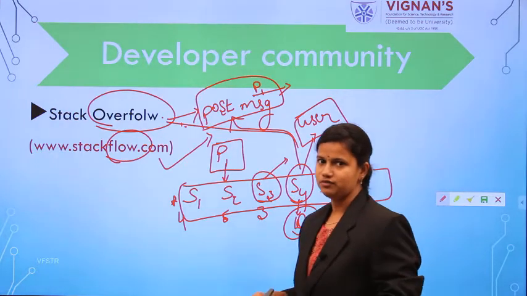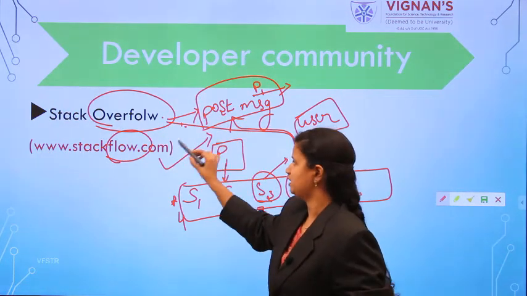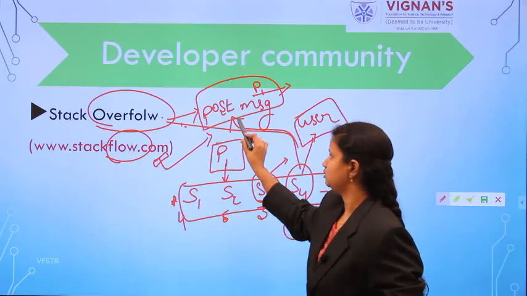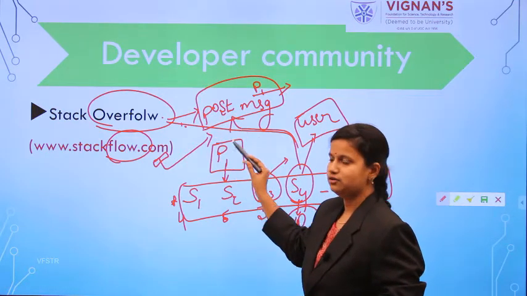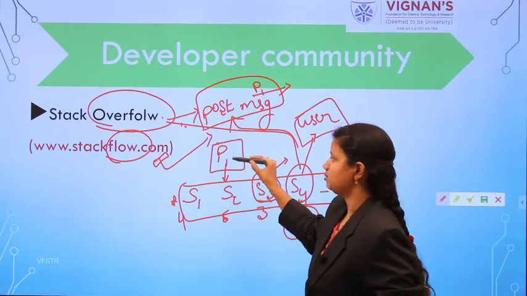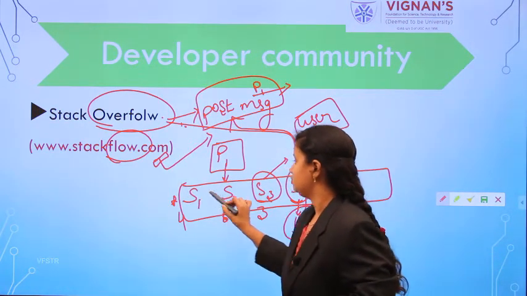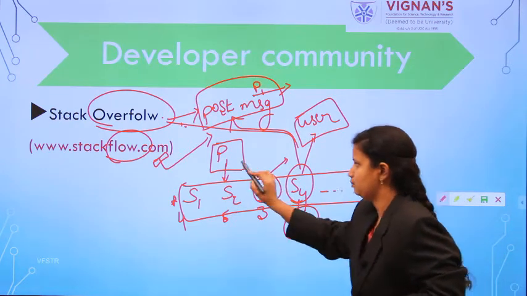Presently you are facing one problem, and that problem has already been faced by different users in that community. The different users post the same problem, P1, but different solutions are there, from S1 to SN, for the same P1 problem.